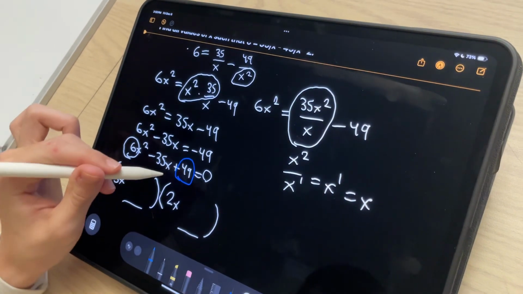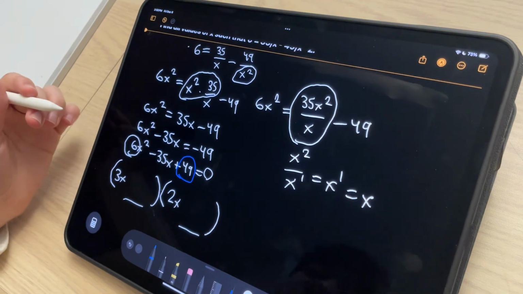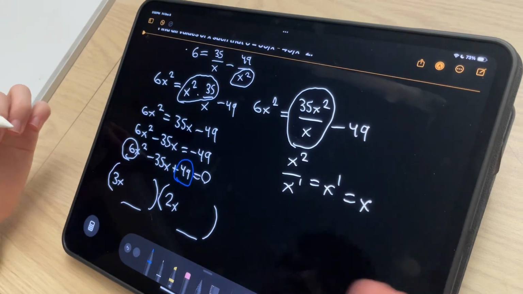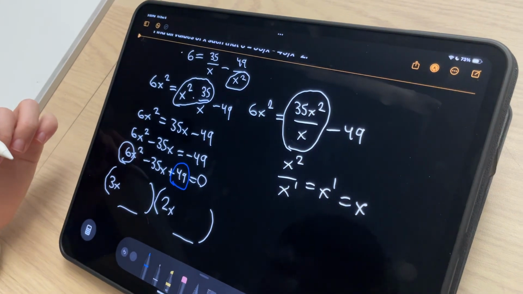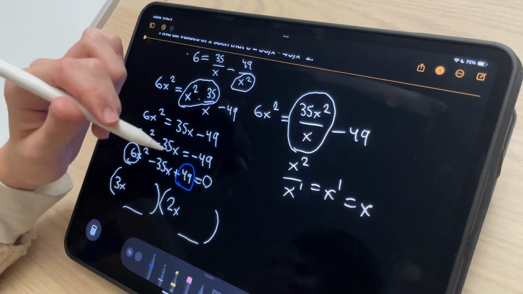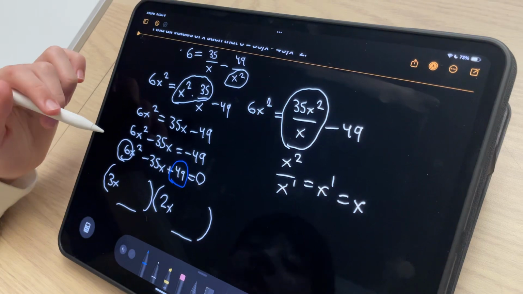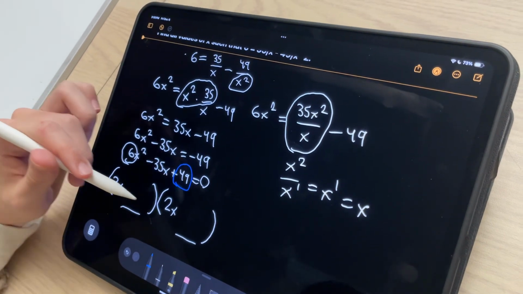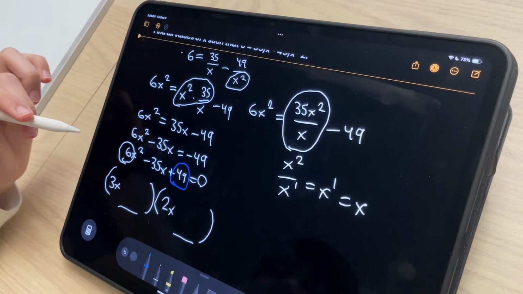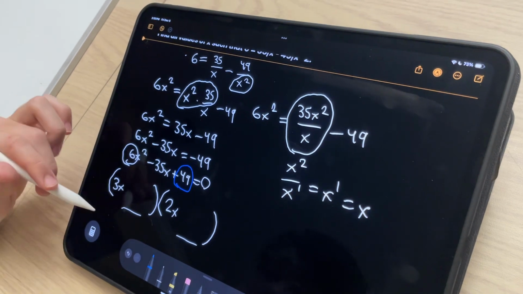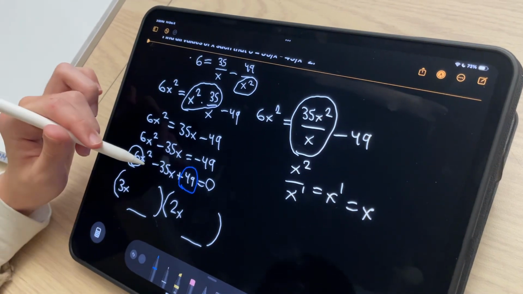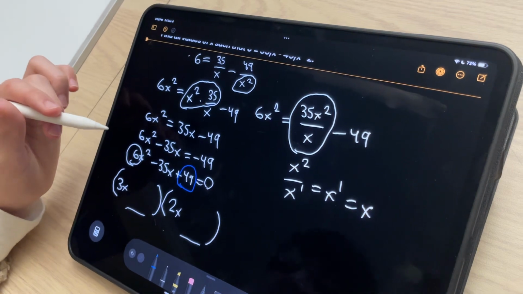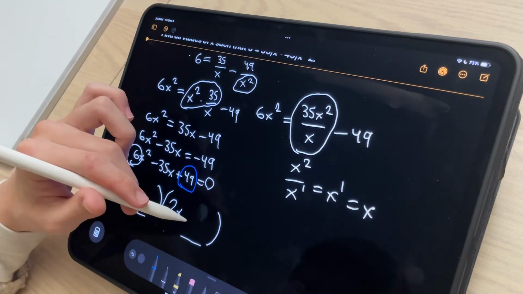And we've got positive here, which means we either have a positive 7 and a positive 7, or a negative 7 and a negative 7. So what happened when I was originally solving the problem is I started off using positive 7 and positive 7. However, this didn't work, because when you multiplied this through, I didn't get negative 35x, I got positive 35x, because both constant values were positive.